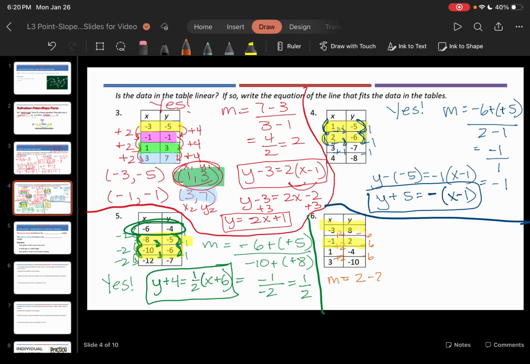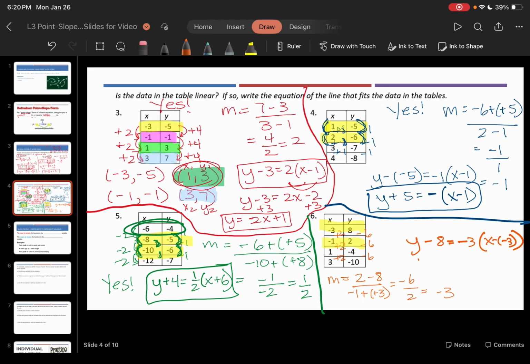So 2 minus 8 over negative 1 minus negative 3, which is negative 6 over, this becomes a positive, 2, which is negative 3. And if I use that first point, my equation is y minus 8 equals negative 3 times x minus negative 3.